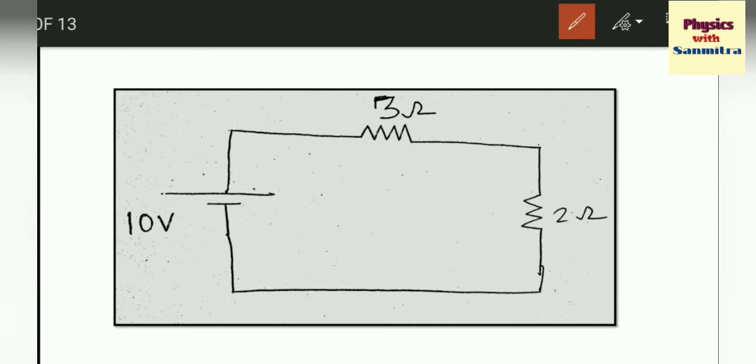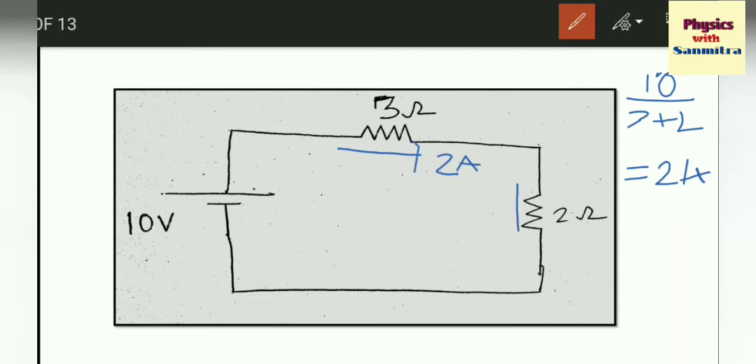We can easily say it with the help of Ohm's law. 3 plus 2 is 5 ohm, so 10 by 5 is 2 ampere. So 2 ampere current is flowing here, and 2 ampere is flowing here.